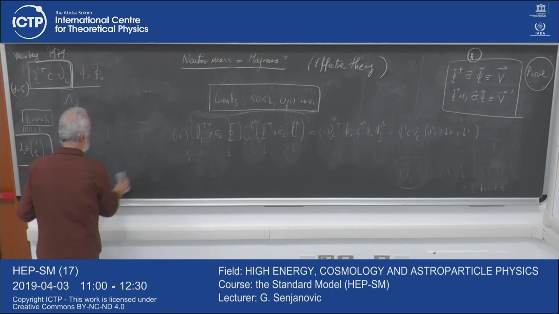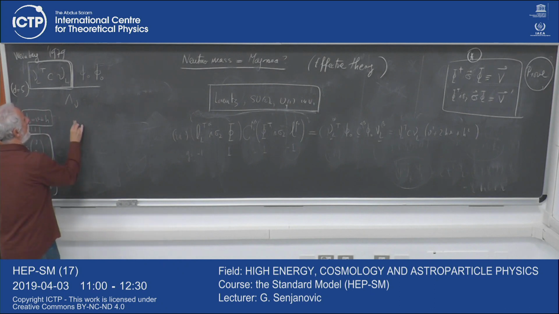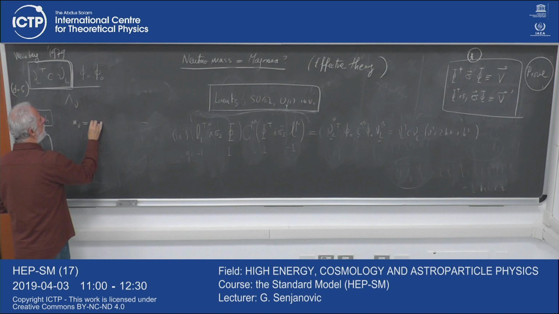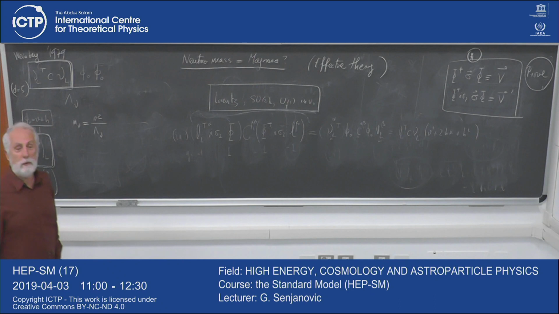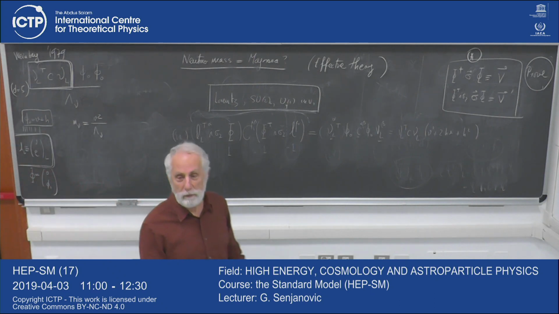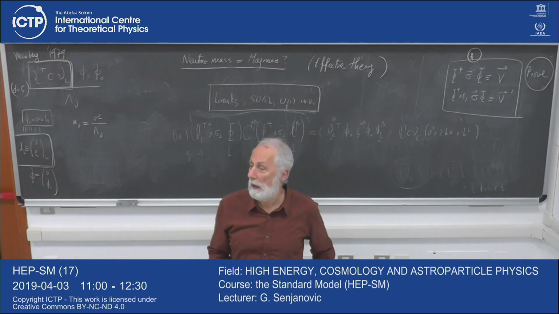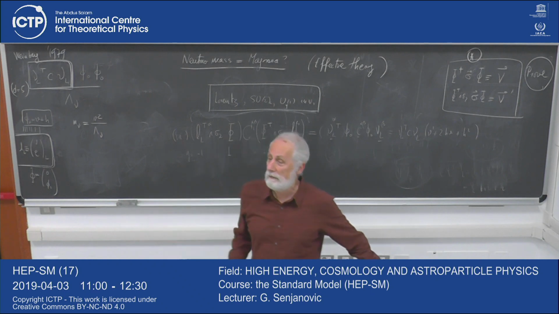And what do I learn from here? That I have a neutrino mass which is v squared over lambda. So Weinberg would tell you, if you're asking why is the neutrino light, I know why: because lambda is large.